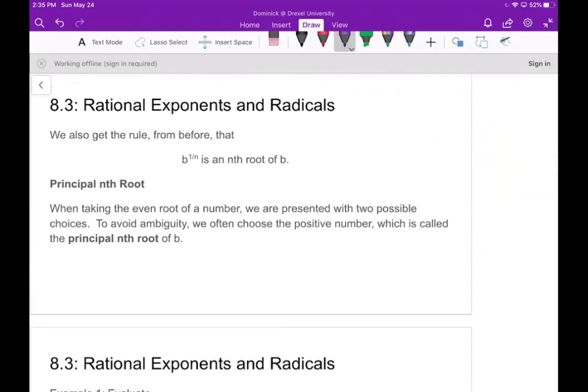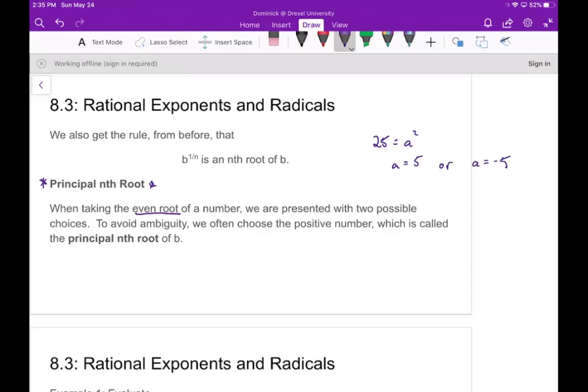One thing I do want to comment on as well is the idea of a principal nth root. When you take the even root of a number, you have 2 possibilities. If you look at 25, for example, you could say that a is 5 or a is negative 5. Both of those would be true. If you do 5 times 5, you get 25. If you do negative 5 times negative 5, you also get 25.